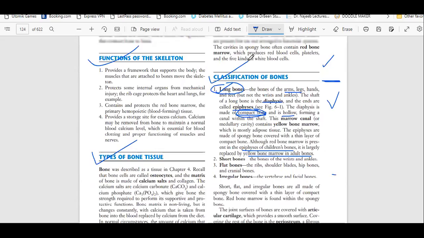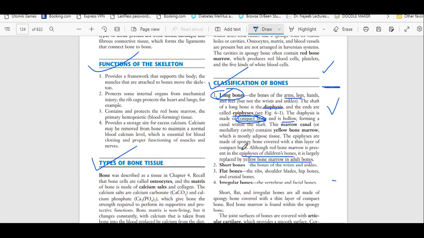So we talked about long bone. In the long bone we have three names. Epiphysis is at the two ends. The middle is diaphysis. Diaphysis is made up of compact bone, and it has a hollow shape or marrow canal. That's the reason yellow bone marrow is situated in that area.